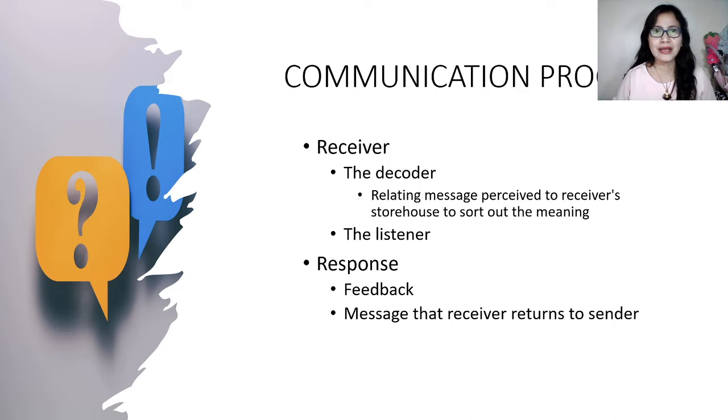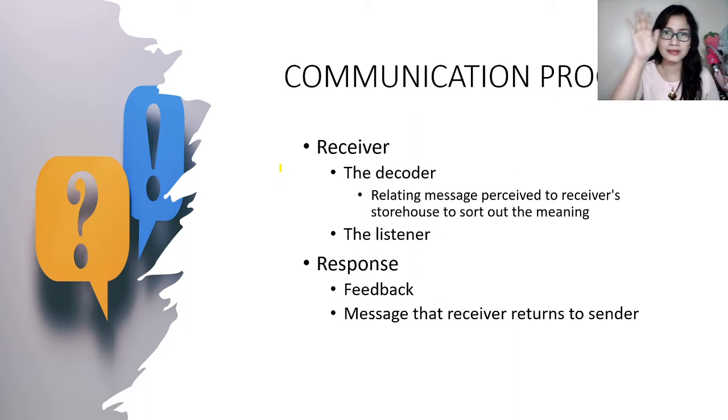So, next we have the receiver. So, we have the decoder. The receiver is the one listening to the message. The message could also be observed, so if it's non-verbal, then it can be observed. The individual here is the decoder who must perceive what the sender is intending to convey in his message.